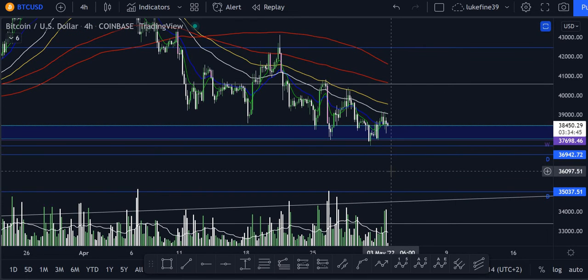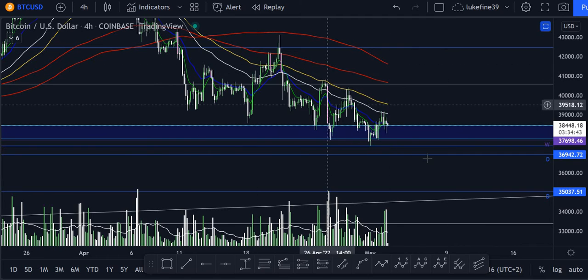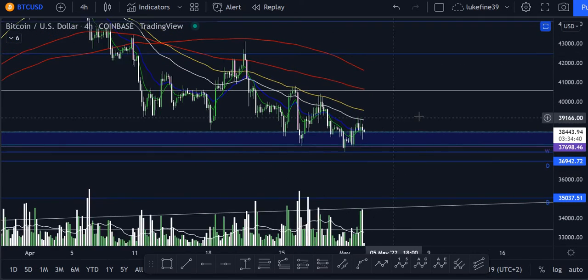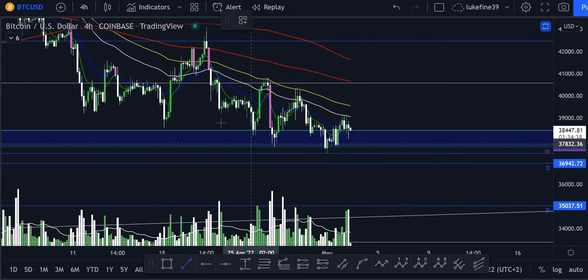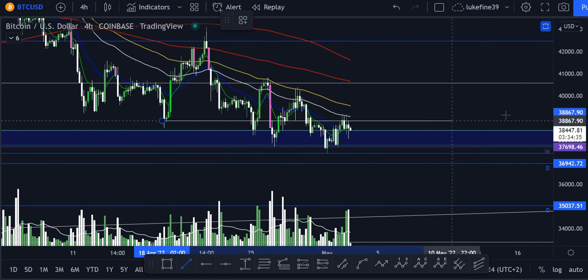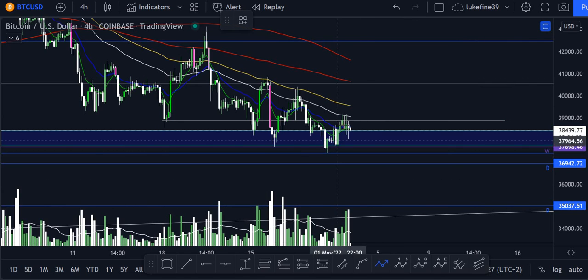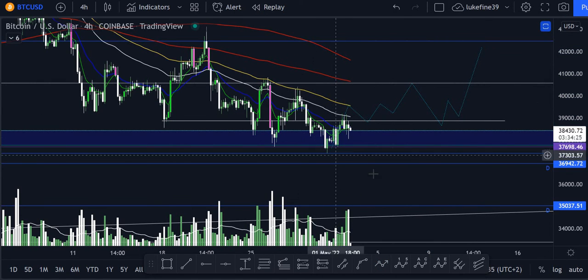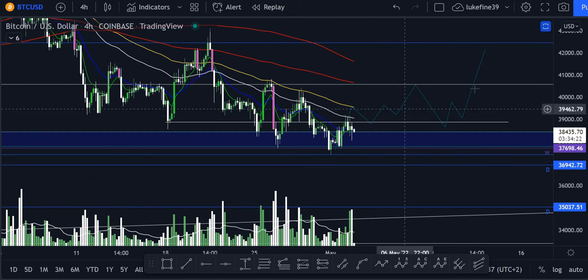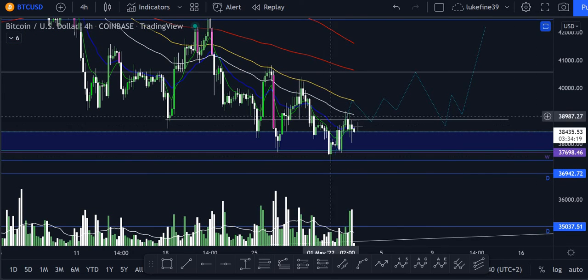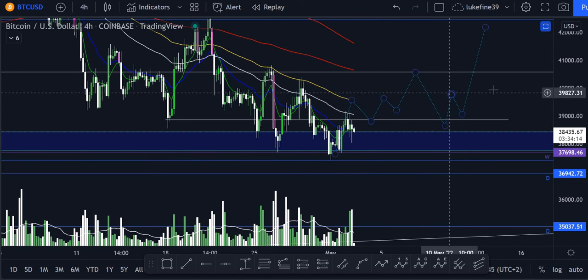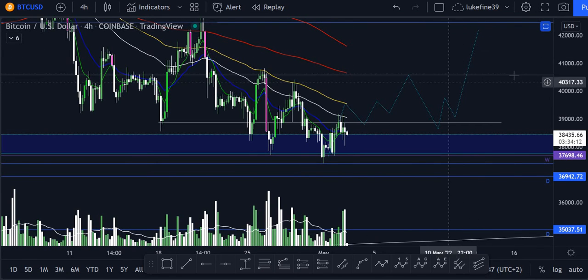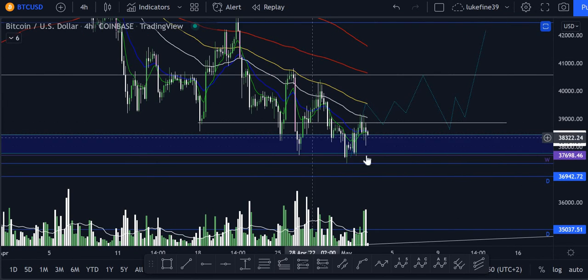So yeah, the situation is completely bearish, but if price could make something like this, holding here, that would give me some kind of confidence, because we would be ranging, creating some sort of a range between 39k and 40k for a few days, and then try to go up.